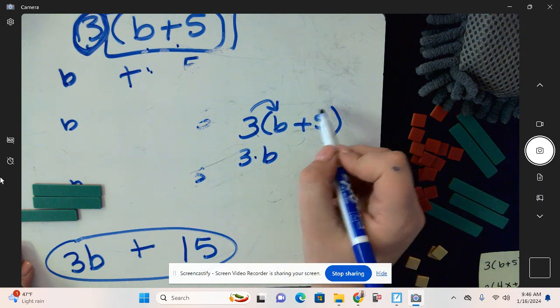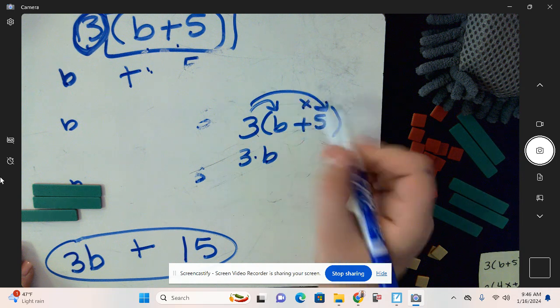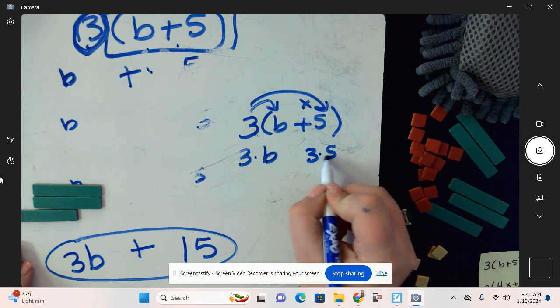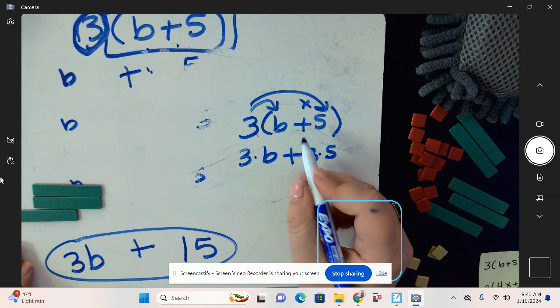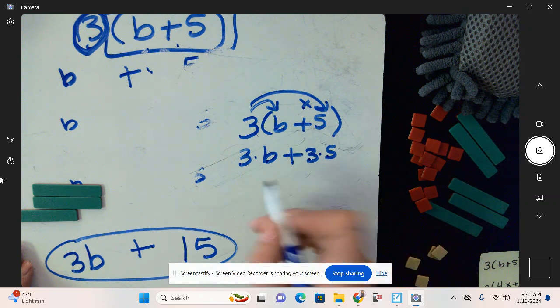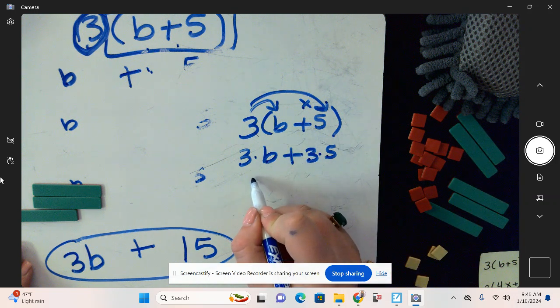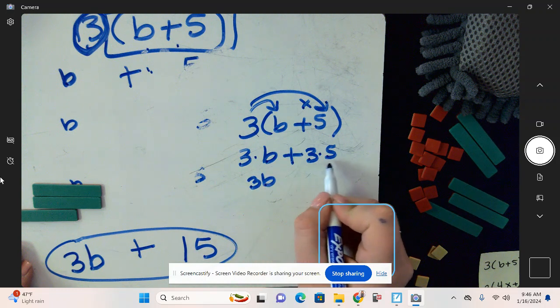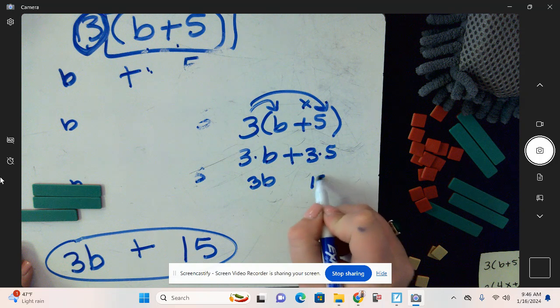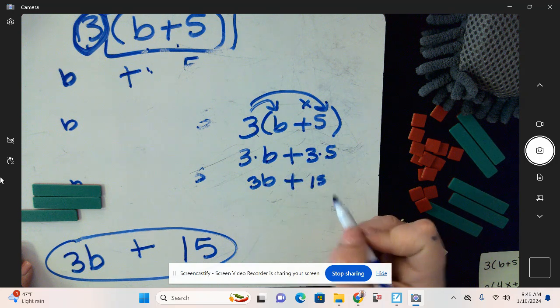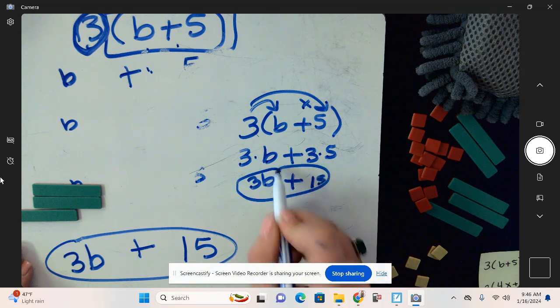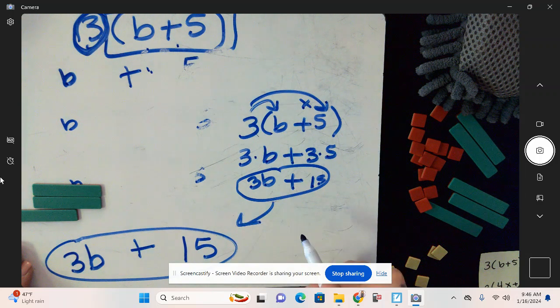And I have done 5 3 times. So 3 times b equals 3b. And 3 times 5 is 15. And when I add that together, I have 3b plus 15, which is what we did right there with the model.